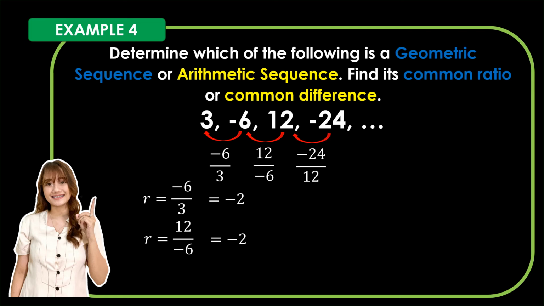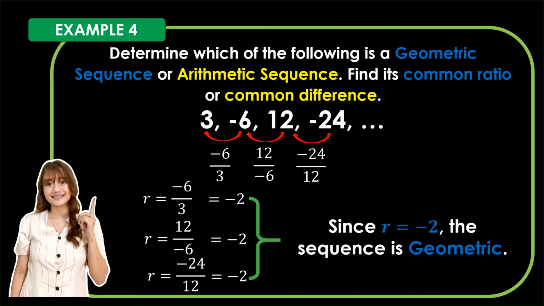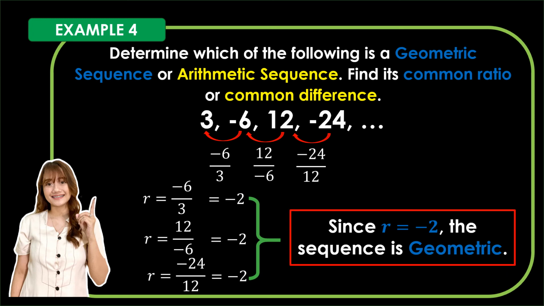We have negative 24 divided by 12, and negative 24 divided by 12 gives us negative 2. Thus, the assumption that we had a while ago that this one is geometric is true, because they have a common ratio of negative 2. And since the common ratio is negative 2, the sequence is geometric.